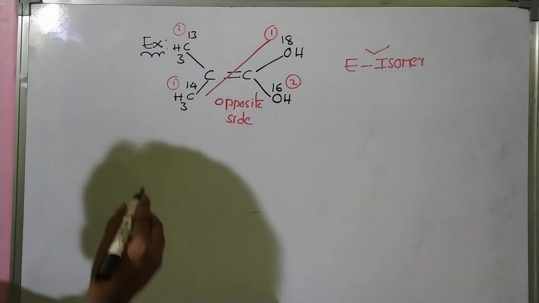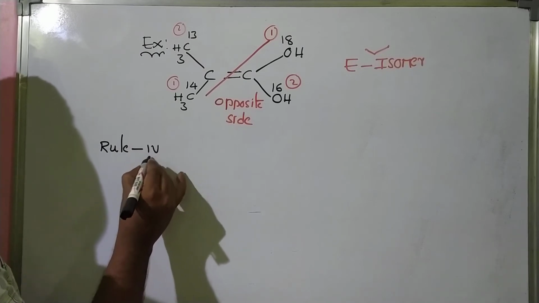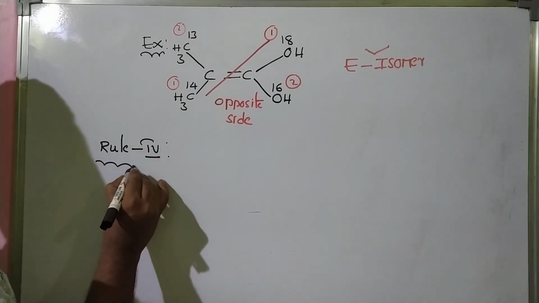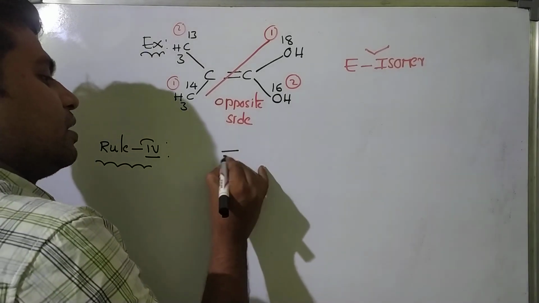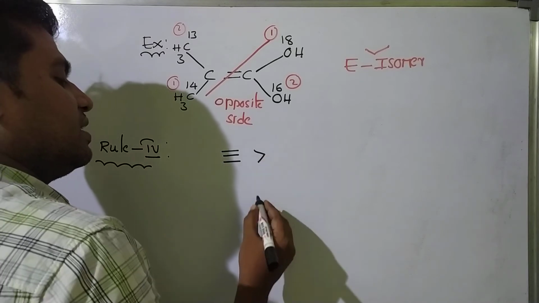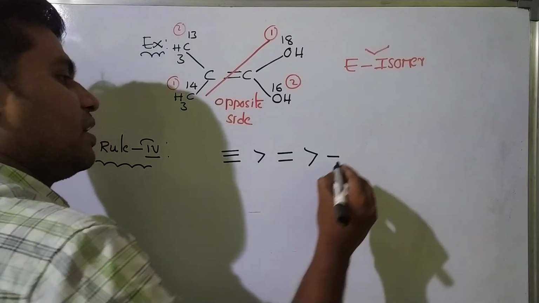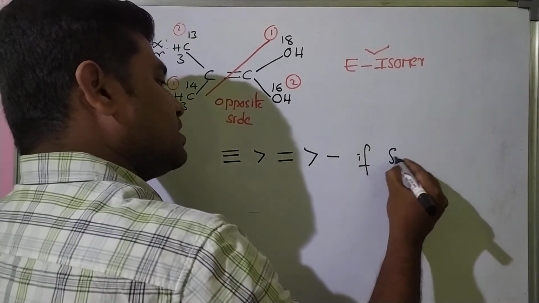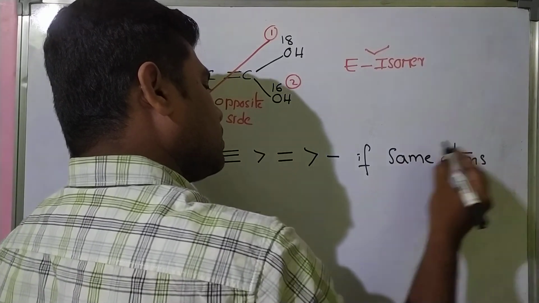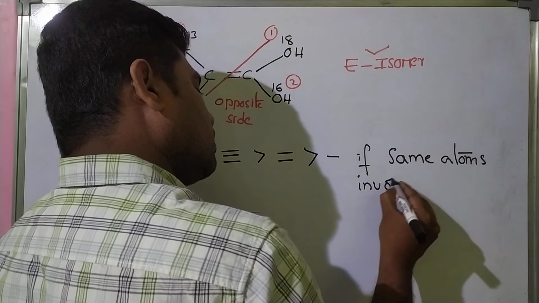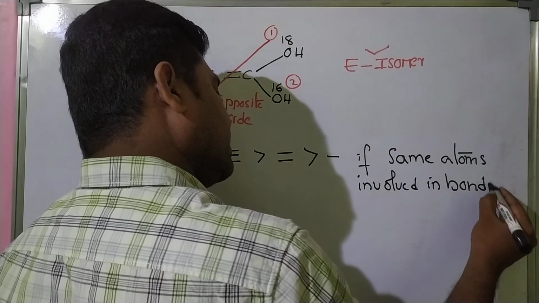Now rule number 3 is done. Next, rule number 4. Triple bond is greater than double bond, which is greater than single bond, if the same atoms are involved in bonding.